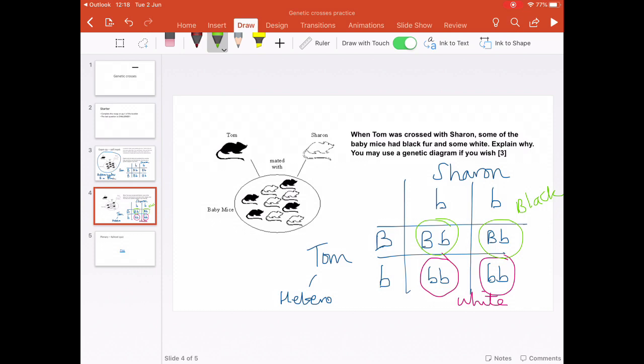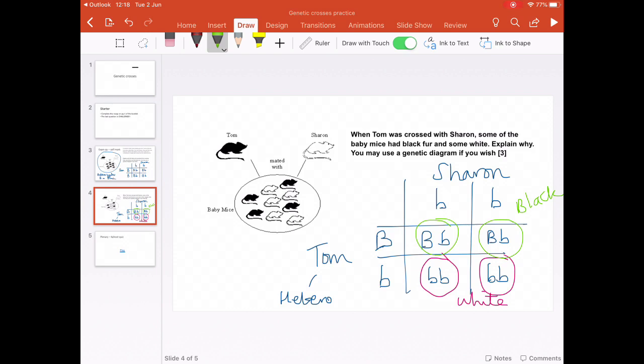So they're heterozygotes, but they've got that dominant allele that they got from Tom, and the recessive allele from Sharon, but the dominant allele indicates that they'll have black fur. The white babies are homozygous recessive. They got the lowercase b, the recessive allele from Tom, and they got the recessive allele from Sharon.